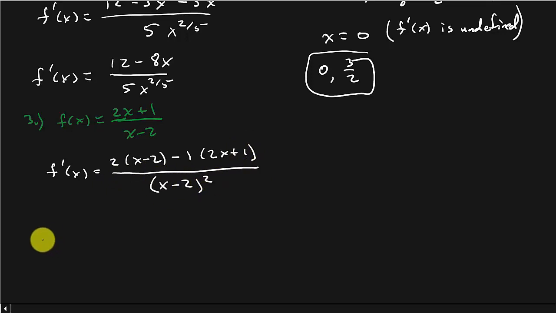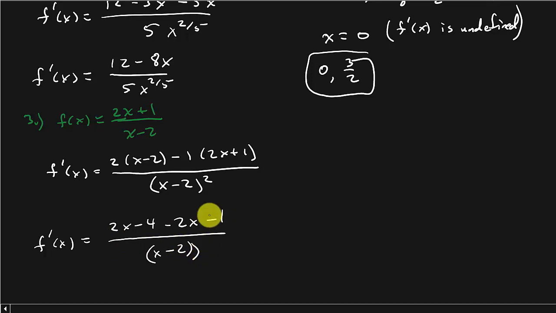So when we distribute, we get 2x minus 4 minus 2x minus 1 over x minus 2 squared. So f prime of x is just going to be negative 5 over x minus 2 squared.